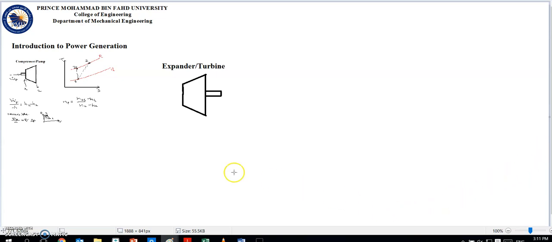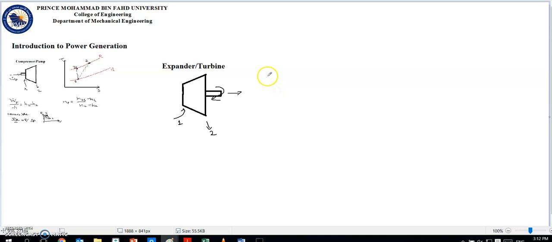So we give fluid to our expander at point 1 of high pressure and enthalpy, and we get the fluid at point 2 with lower pressure and enthalpy, but in the process we got a lot of work out. And we do all this cycle to generate this work and generate electricity.